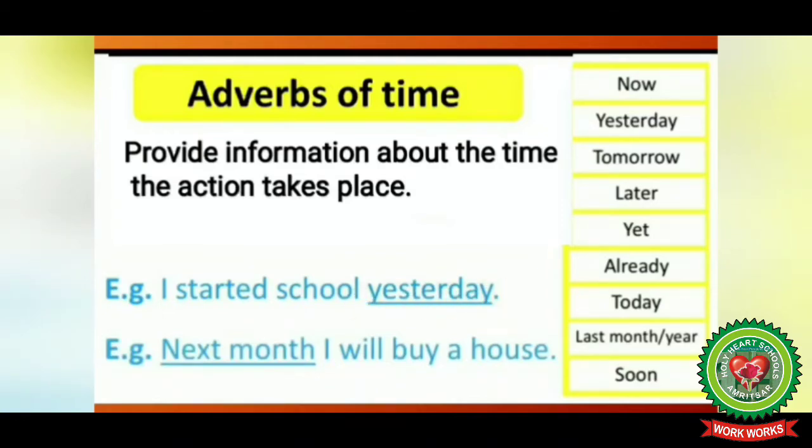Here the word yesterday is telling when the action took place. So it's an adverb of time. Next is, next month I will buy a house. When will I buy a house? Next month. Here the word next month is telling when the action will take place. So it's an adverb of time.